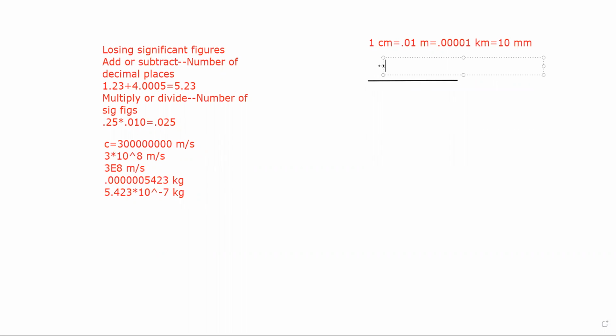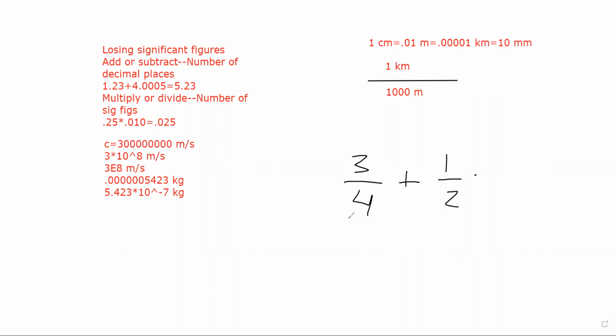So I'd set it up like this. 1 kilometer, if that was what I wanted to go with, is equal to 1,000 meters. So a conversion factor is a fancy one. If you remember, back in algebra, you used to do things where, for example, let's say that I wanted to take 3/4 and add it to 1/2.